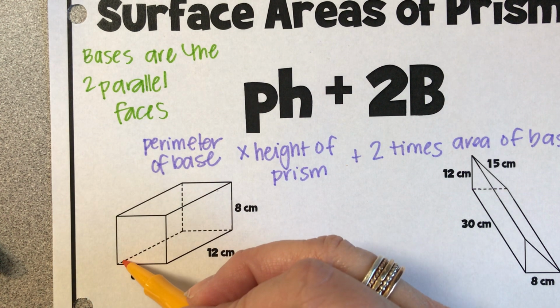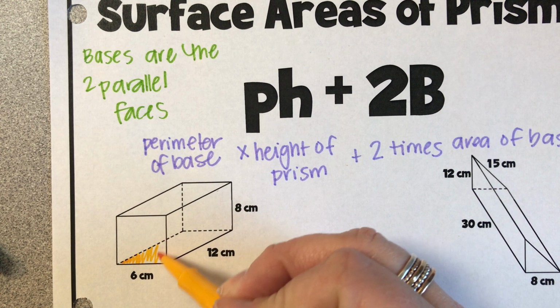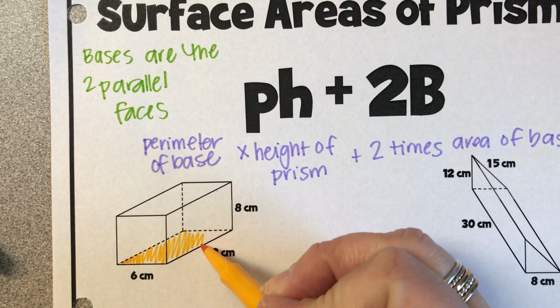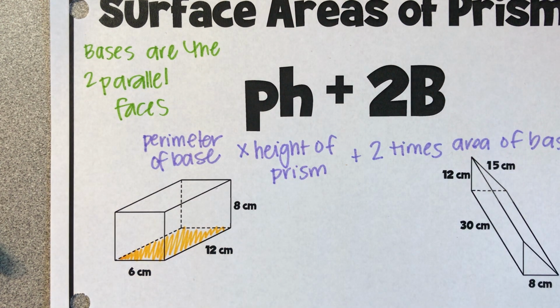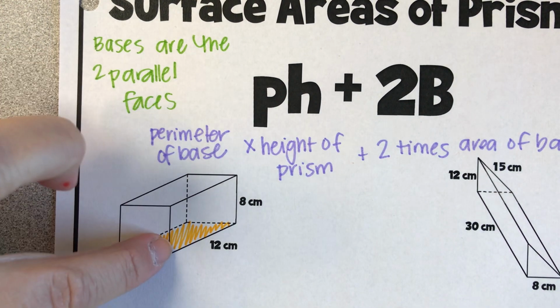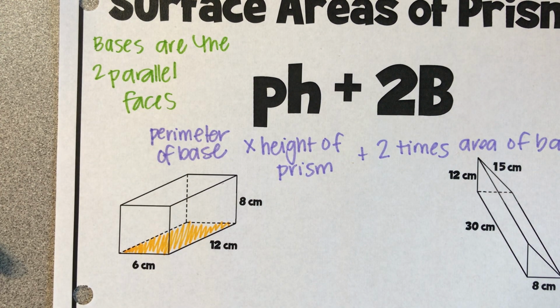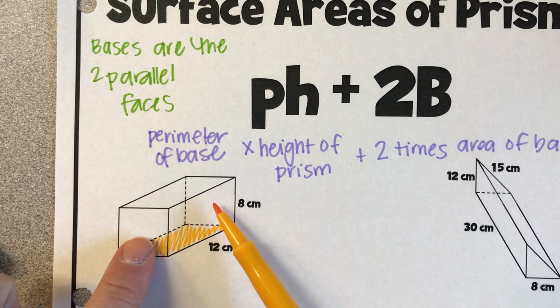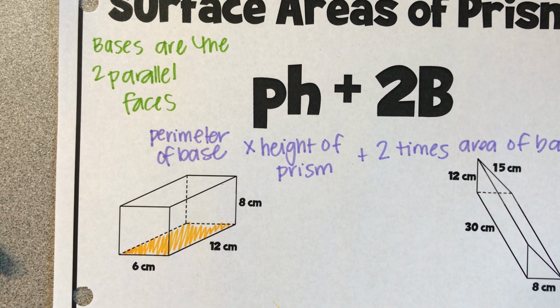So on this one, I'm going to go ahead and shade it in. This is the base of my rectangular prism, because it is parallel to this top section up here. Those are two parallel faces. Technically, on a rectangular prism, any pair could be your bases because they're all parallel to the side opposite of each other, but I'm just going to use this one for now.